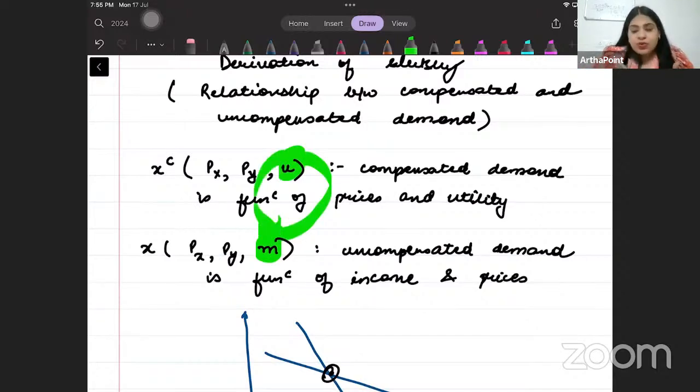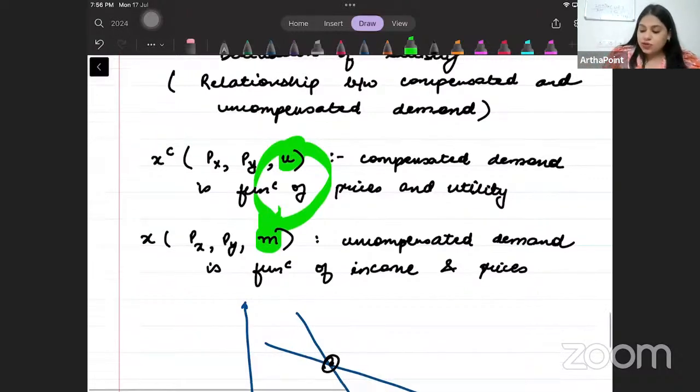If 100 rupees is the amount I require to get 50 utils, that is exactly my income today. And to get 50 utils, whatever money I require, I have exactly that money. So utility के लिए जितनी income चाहिए थी, you have exactly that. और उस income से exactly same utility derive हो सकती है. The two are exactly the same.